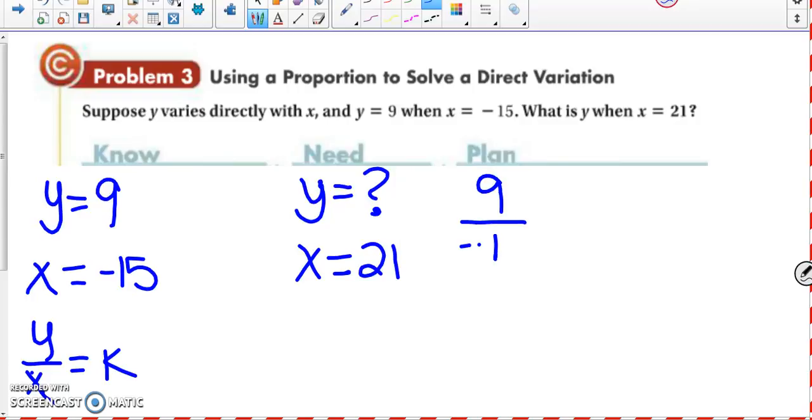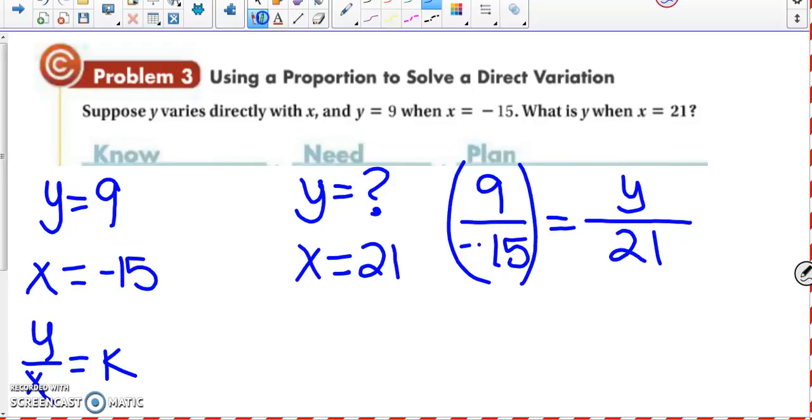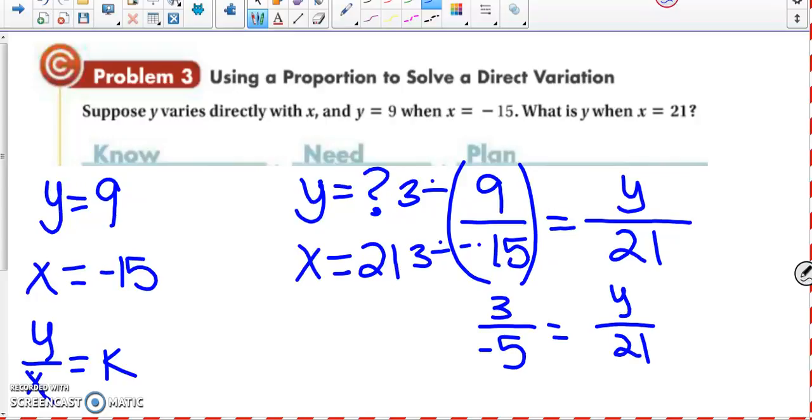9 over negative 15 is equal to y divided by 21. And we can simplify our first fraction by 3. So this is going to be 3 over negative 5 is equal to y over 21.